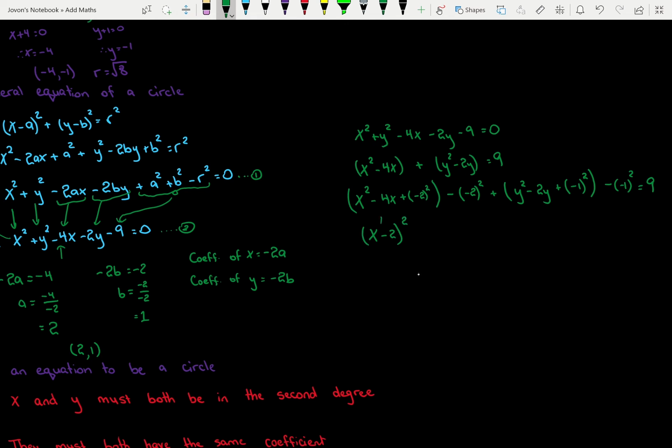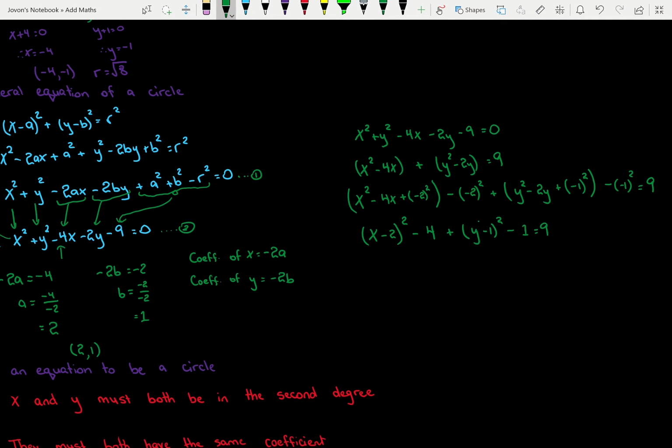If we expand this, we'll get that. Remember from completing the square, minus 4, because minus 2 squared is 4, and remember we have the minus sign here, plus y minus 1 all squared, minus 1, because minus 1 all squared is 1, is equal to 9.